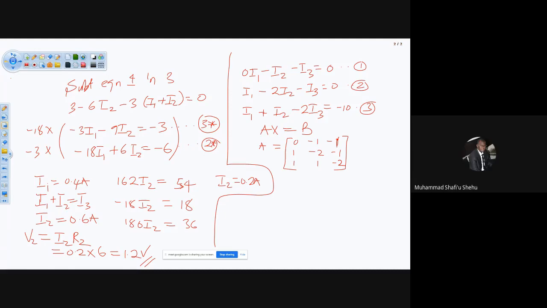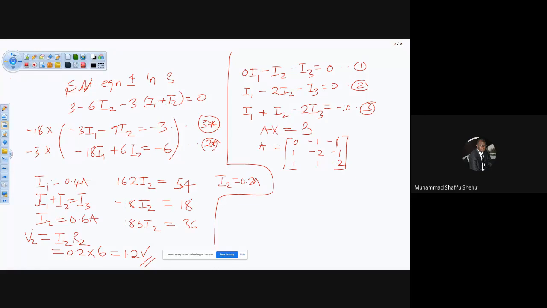I have a question, please. Now, the arrangement, let's say this I1 plus I2 minus 2I3 equals to minus 10 comes first. If you arrange them differently and you do the matrix, will they give you a different answer from someone else that arranged them this way?